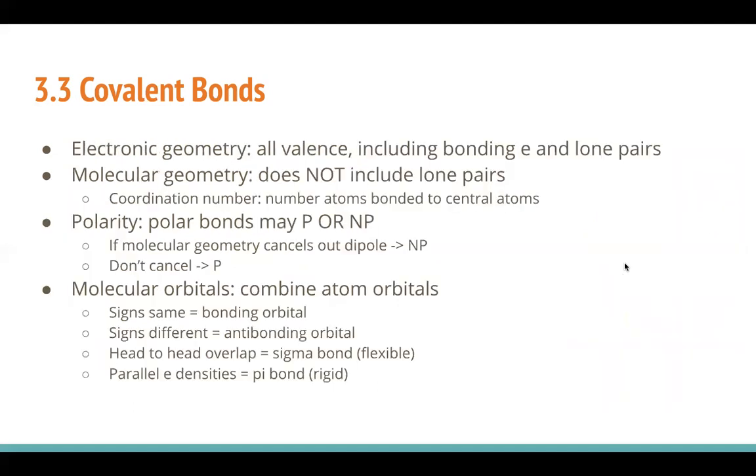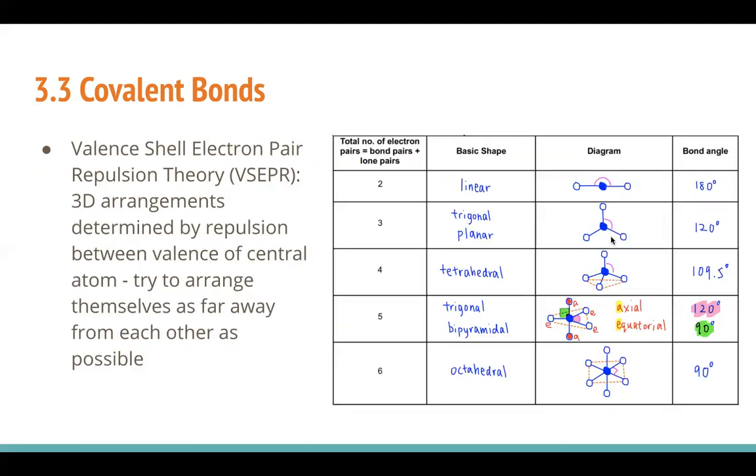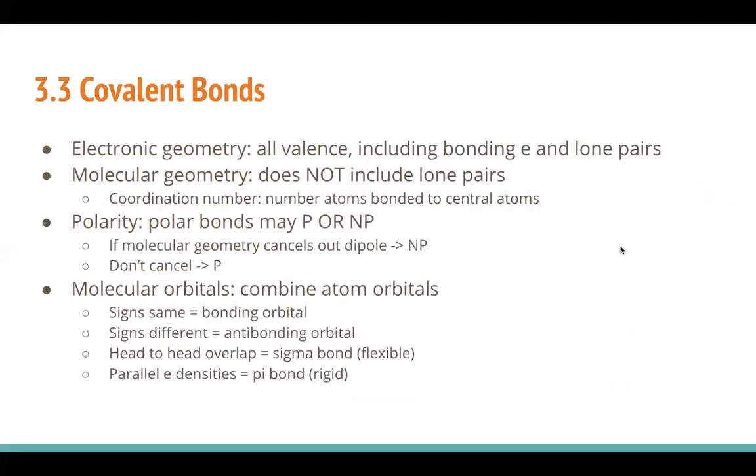However, if there were only 3 atoms attached to the central atom, the molecular geometry would actually be trigonal planar. We should keep that in mind. The coordination number is important for molecular geometry, just the number of atoms. It's really simple.